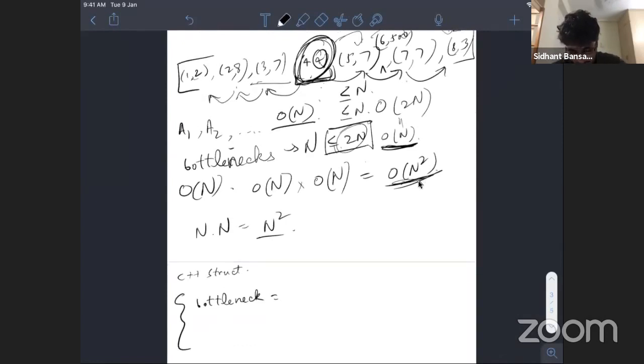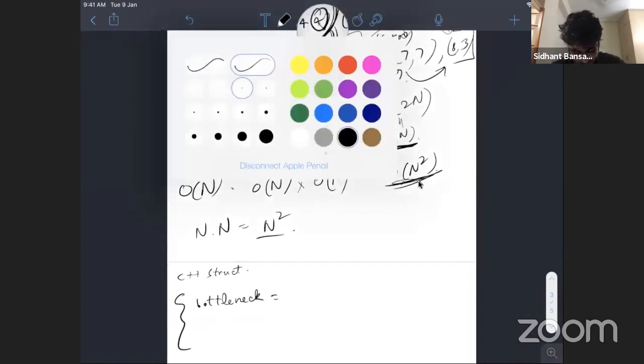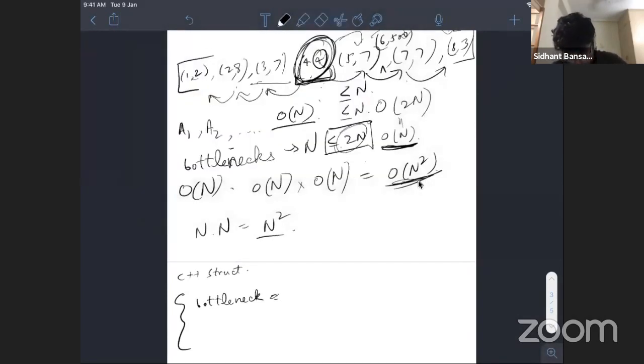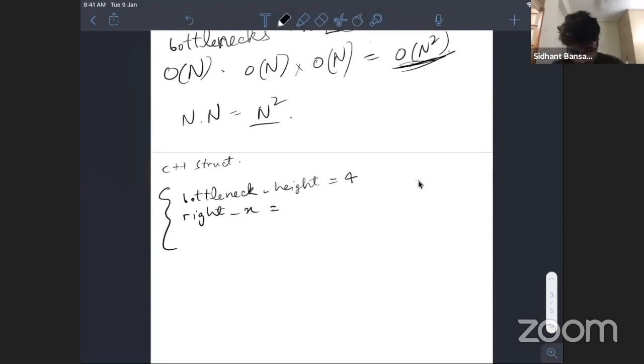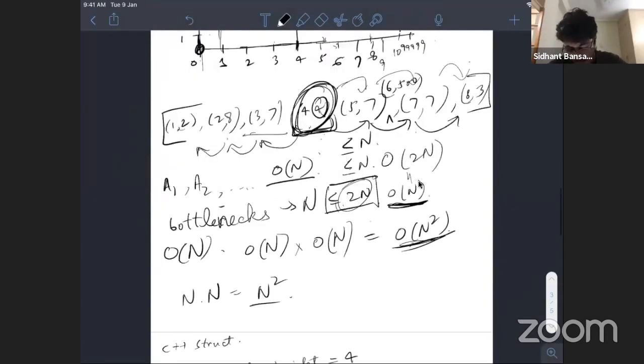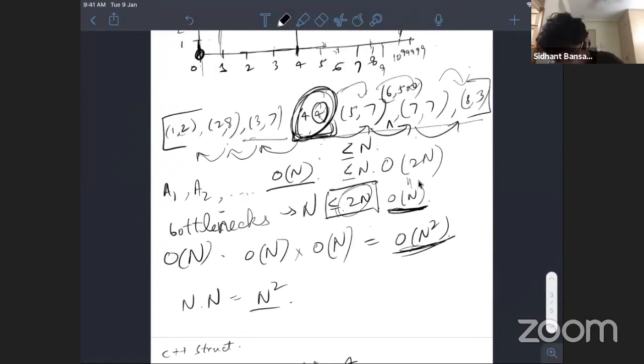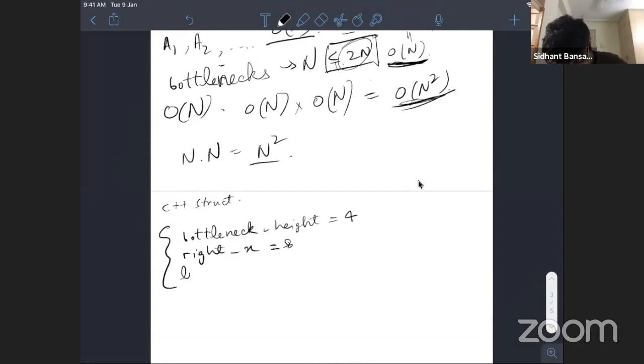So we just keep bottleneck underscore height. So this is 4. Now there is a right x, which is how much? So when we are at this, the right endpoint comes at 8. So it should be 8. And the left endpoint comes at 1.